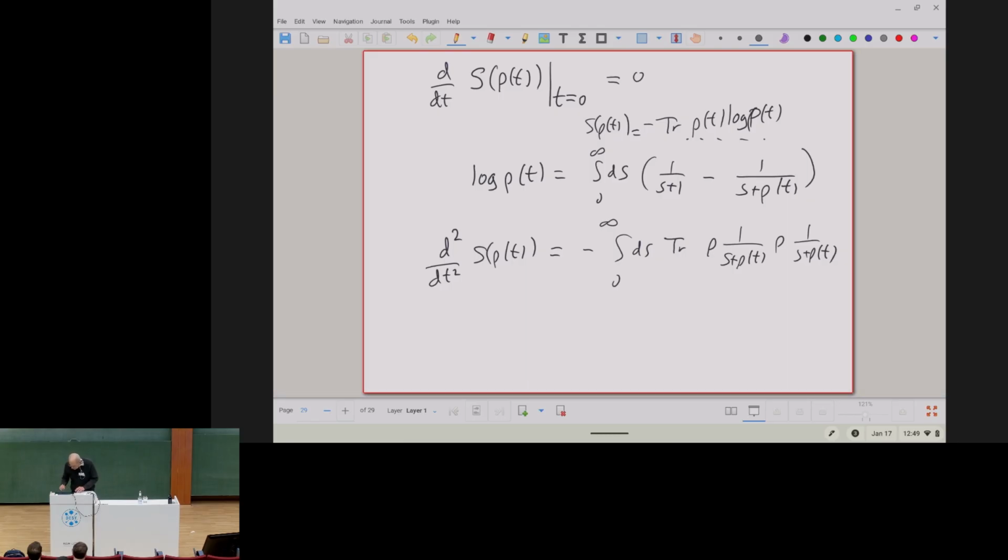I'm forgetting something, but okay. And this, the left-hand side, is negative because it's the integral of the trace of b of t squared, where b is a positive operator. B is manifestly non-negative.